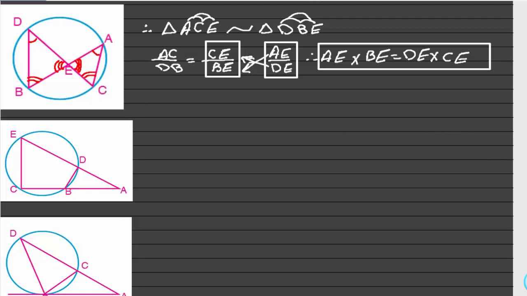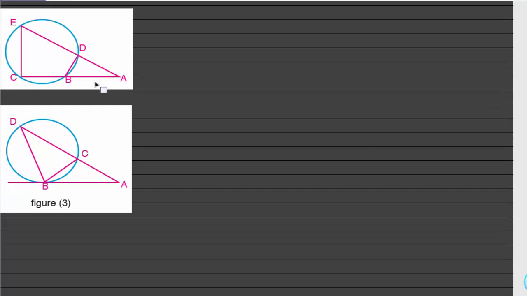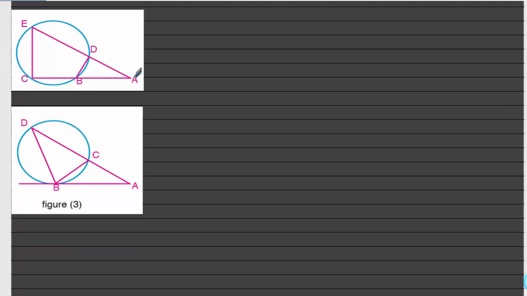And let us go to the second. We have in figure 2 two similar triangles. But first, we want to deduce the equal angles.